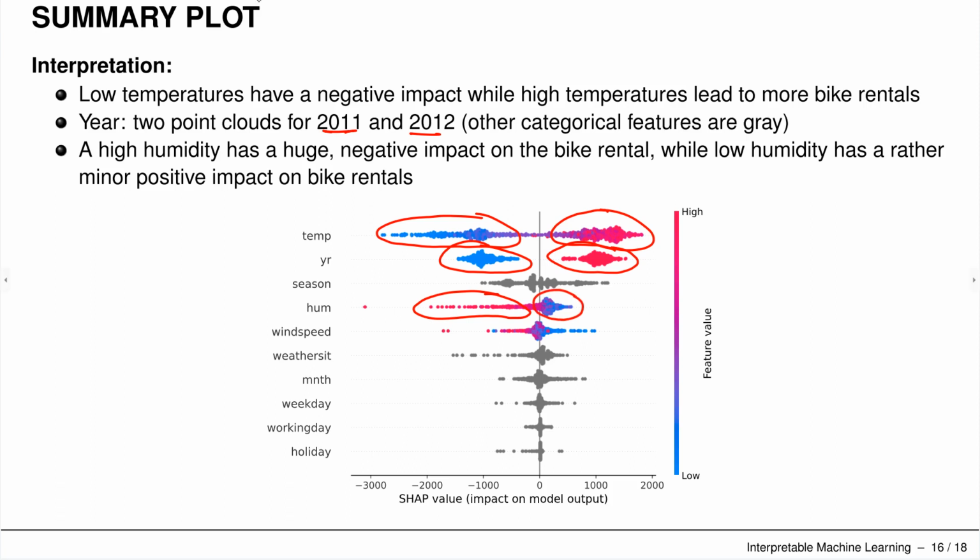You could wonder why these values here, for example, are not always the same. The reason is that the interactions with other features are split up among the different features. That's why we don't have the same SHAP value for all the observations of the year 2011, for example.